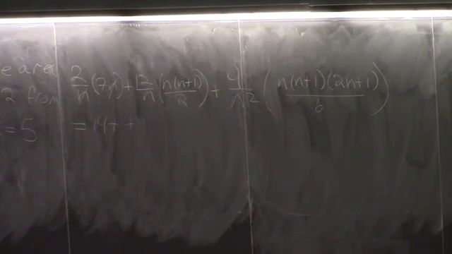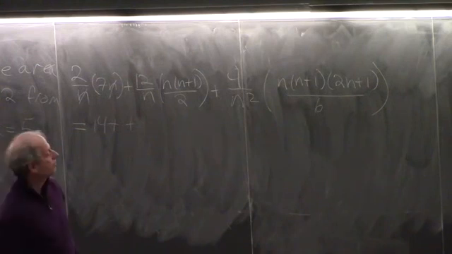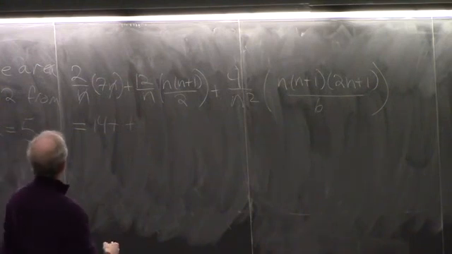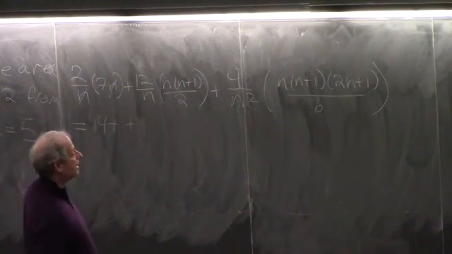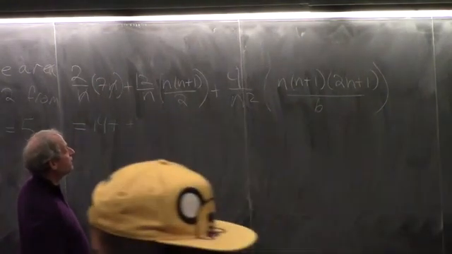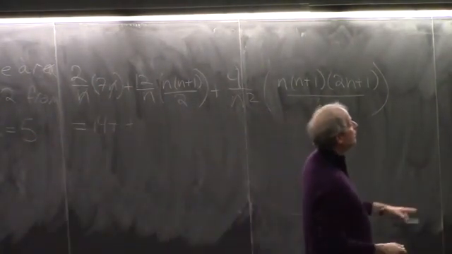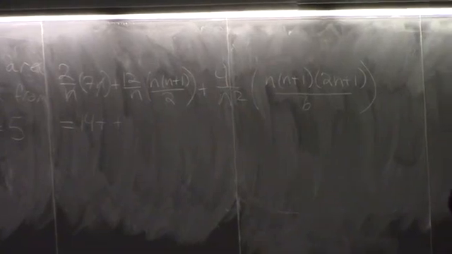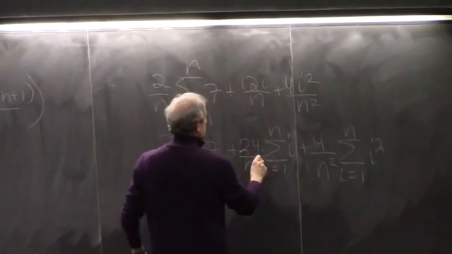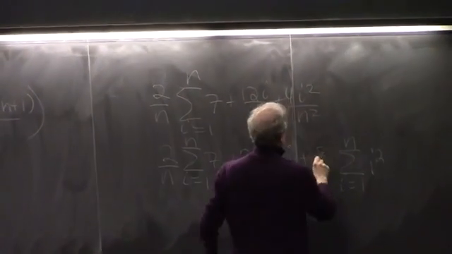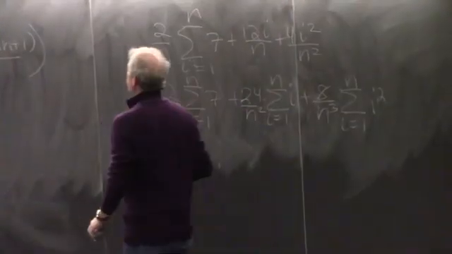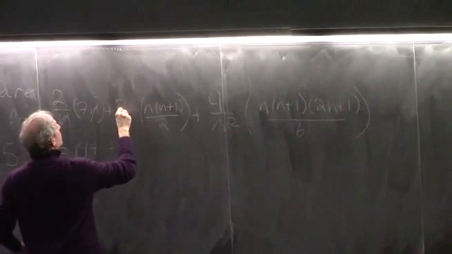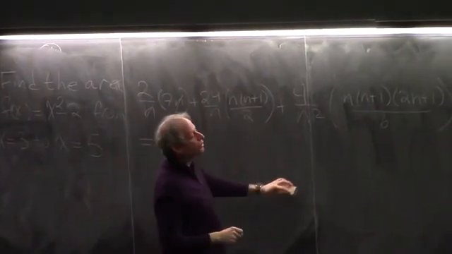Did I lose an n somewhere? That can't be right. I lost an n. I forgot to distribute the 2 over n.